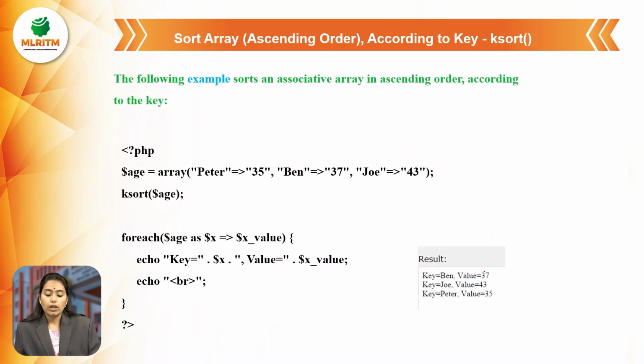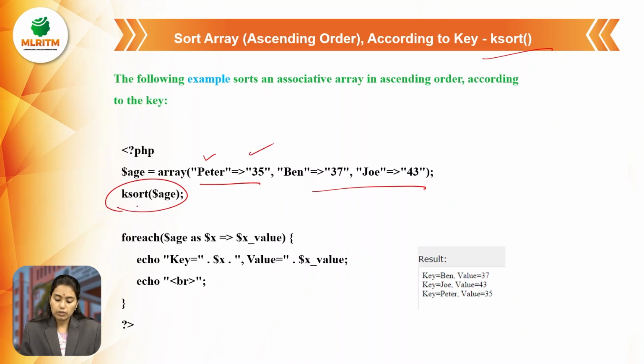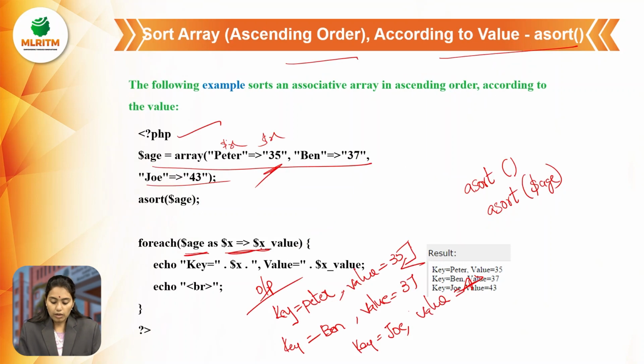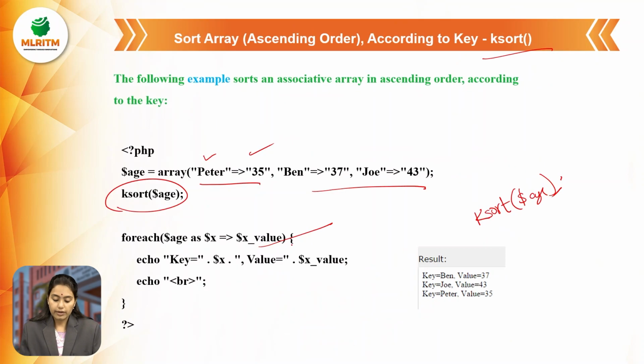Next, sort array in ascending order according to the key. Let's see. We are giving an array with keys and values, and like that we have mentioned 3. Here we are using the function ksort of $age. So foreach $age as $x implies $x value, the same as previously. Now the output will be key equal to $x.